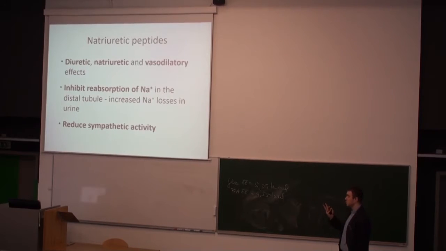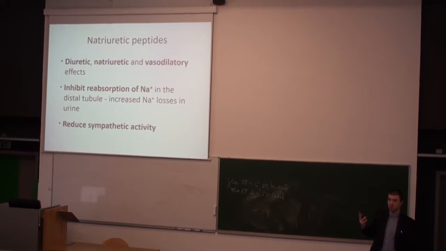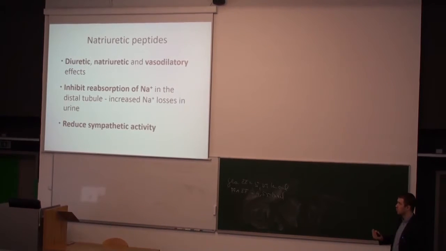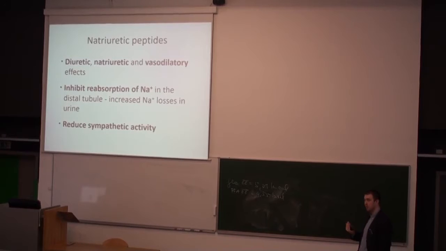How do they do this? It's quite simple. In the distal tubule, they block the resorption of sodium. Therefore, more sodium remains inside the tubule, and therefore more sodium and water you excrete from the body. So from this perspective, they work against the renin-angiotensin-aldosterone system. Aldosterone returns the sodium plus water in the distal tubule.